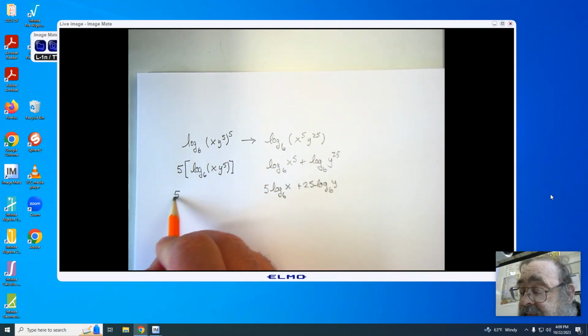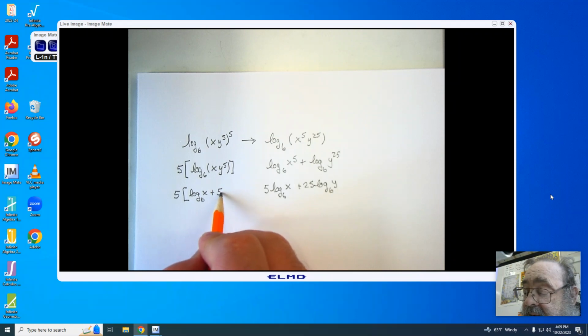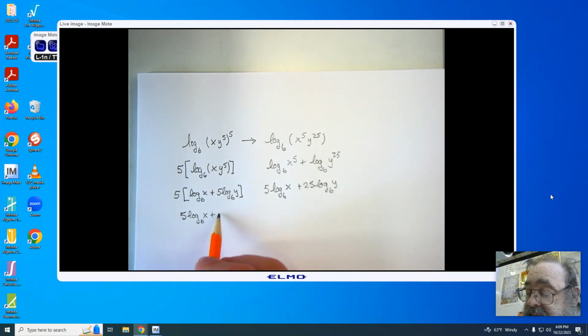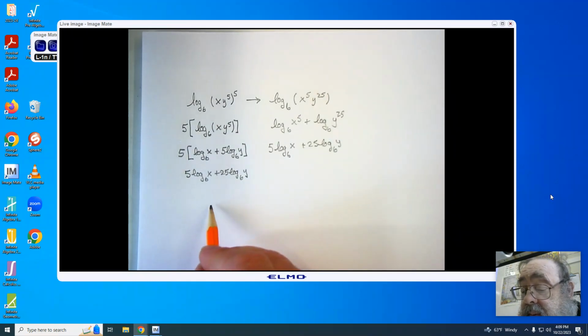And we would then have 5 log base 6 of x plus 5 log base 6 of y, and then distribute to get 5 log base 6 of x plus 25 log base 6 of y. Now, whether you decide to distribute at the beginning or the end, it will have to be put in at some point in time.